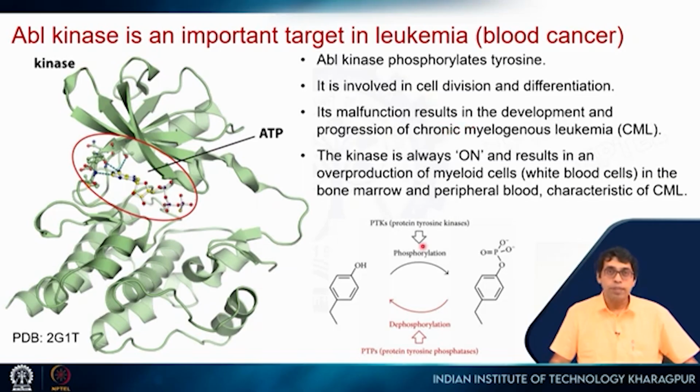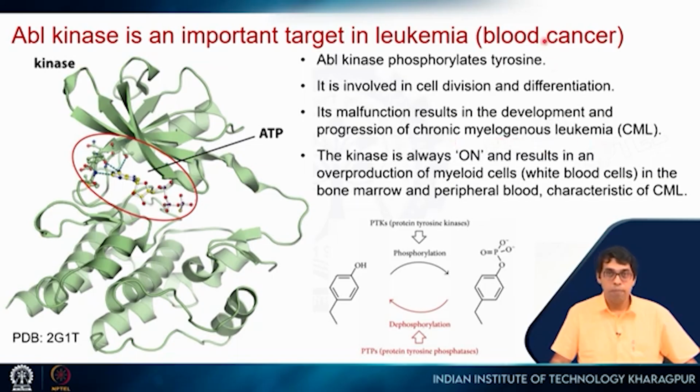Now, when this process works fine, everything is okay, but in some cases this process does not work properly, and that can result in various forms of disease. One primary disease is cancer, where cell division and cell differentiation are not working properly. When ABL kinase function is hampered, it results in the development and progression of a particular type of cancer called chronic myelogenous leukemia.